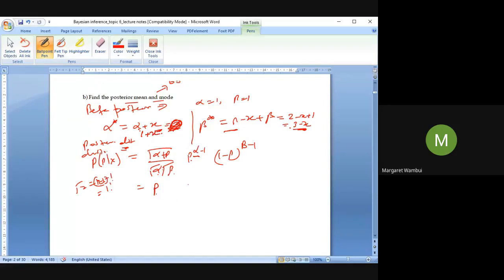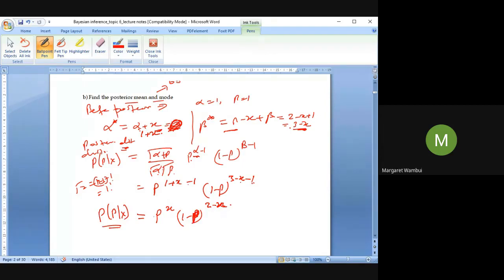So it means this will give me p to power alpha, and my alpha is 1 plus x minus 1, and then 1 minus p to power beta, where beta is 3 minus x minus 1. So we end up getting p to power x, and then 1 minus p to power 3 minus x minus 1, which gives me 2 minus x. Beautiful. So that is what I get as my posterior distribution of p given x. That's the posterior distribution for this case.